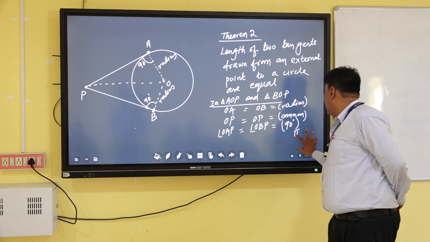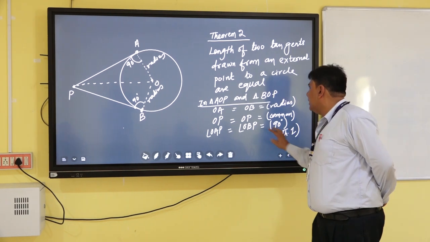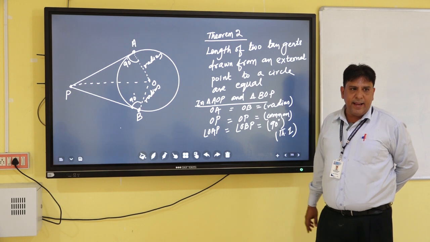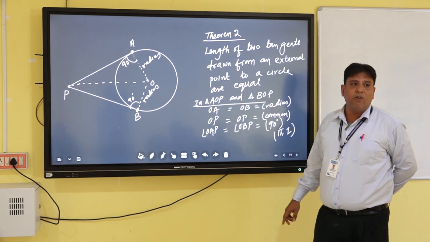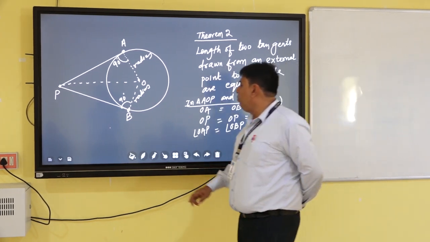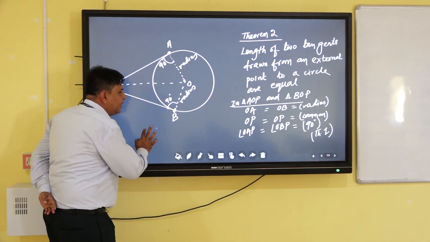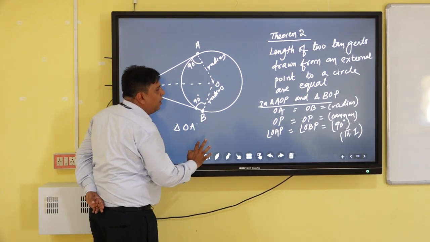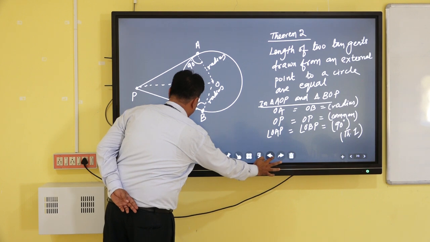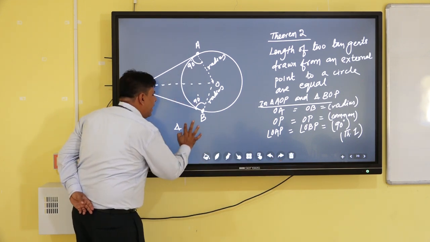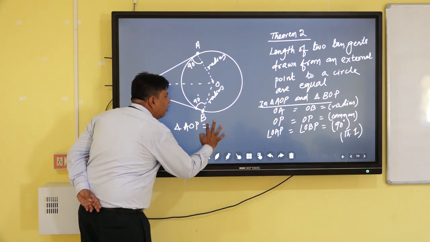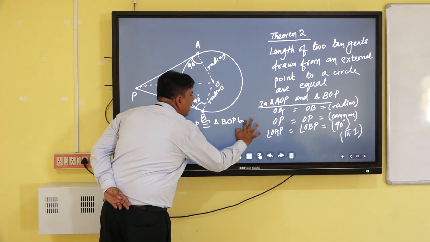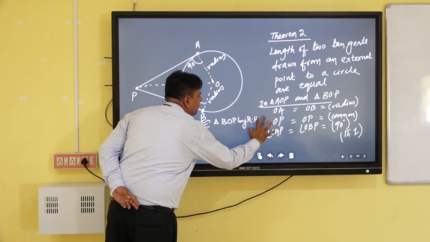Now 2 sides and 1 angle of 90 degrees. Then how are the 2 triangles congruent? We can say that triangle AOP is congruent to triangle BOP by RHS.